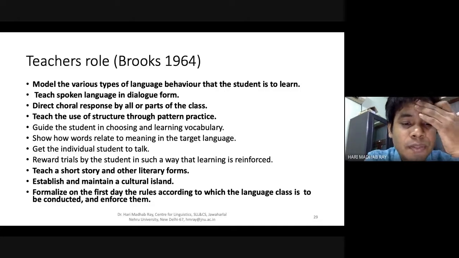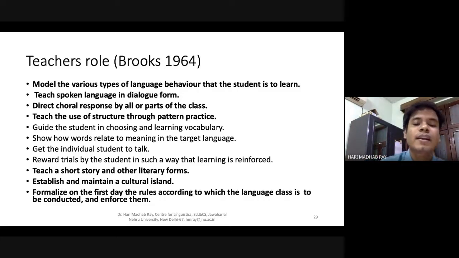So the teacher tries to establish a cultural island, since it's an English class, so you have to speak English, and with that kind of English accent as well.